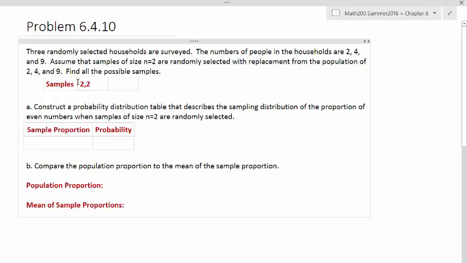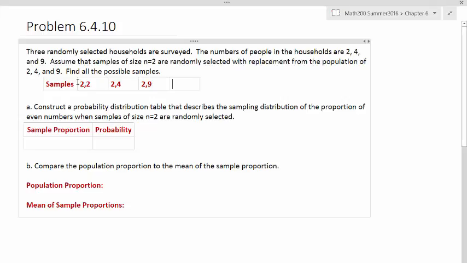Another one could be if we select a 2 and put it back, and the second time we get a household size of 4. Then here's another sample. And then we can do that again. Maybe we got 2 the first time, put it back, randomly select again, and we got 9. So there are 3 possibilities so far.